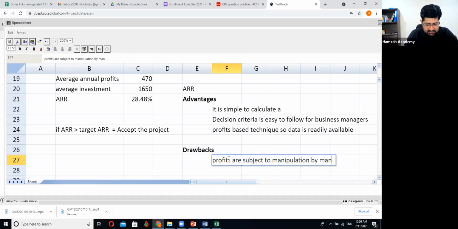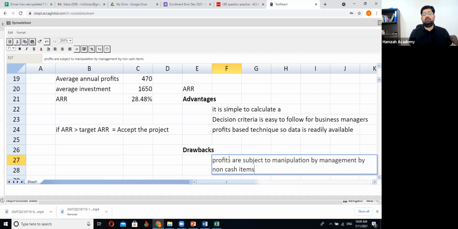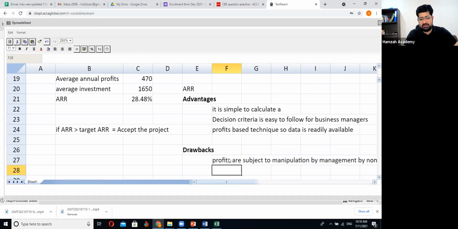They can manipulate it through non-cash items. They can manipulate profit.